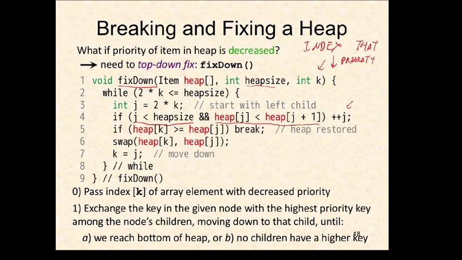So if the node at index k is a higher priority, greater than or equal to the priority of its largest child, we can stop. If we can't stop, we swap k and the larger child, and then we set k equal to j. We've got to move down the branch of the larger child.